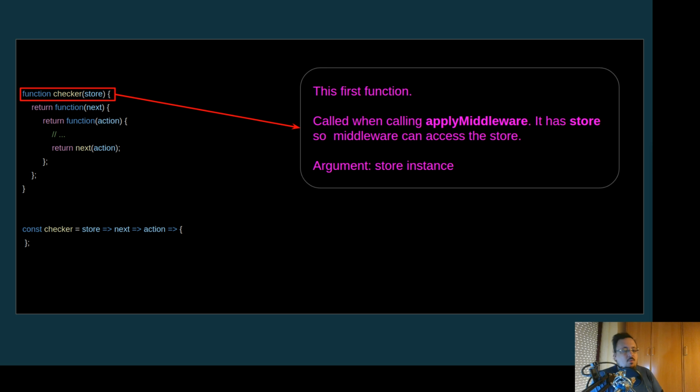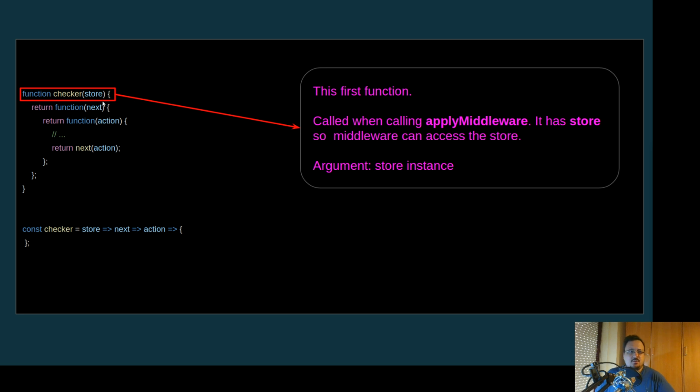Every time you want to create a middleware, you have to do it in this structure: a function that returns another function, which returns another function. There are three functions. This is easier to see in ECMAScript 6. Usually I would write it always like this, but for understanding it better, I think it's nicer this way.